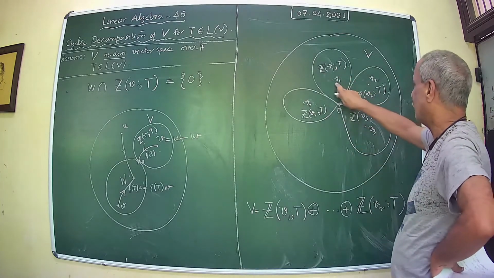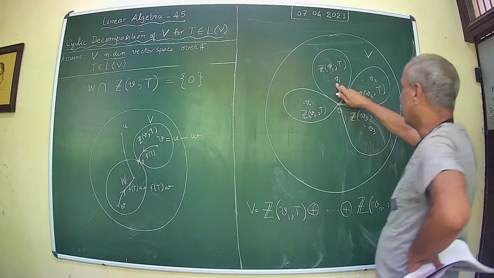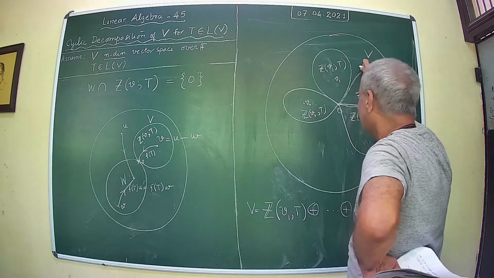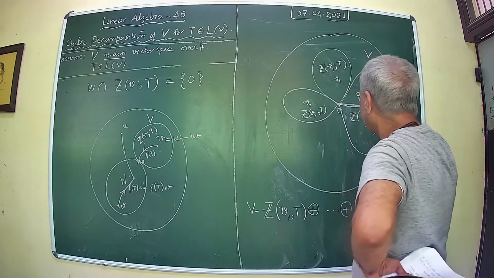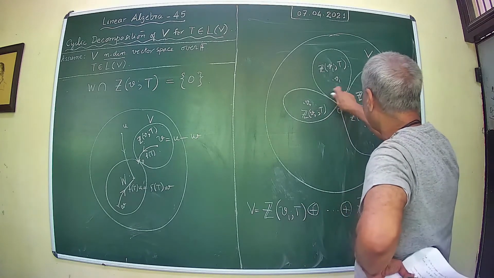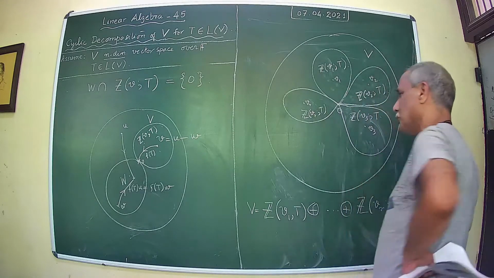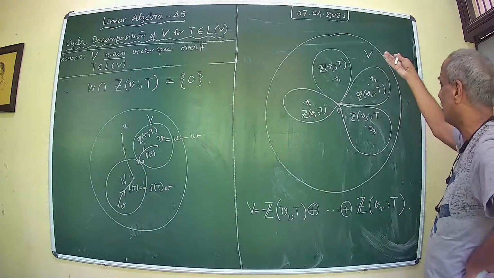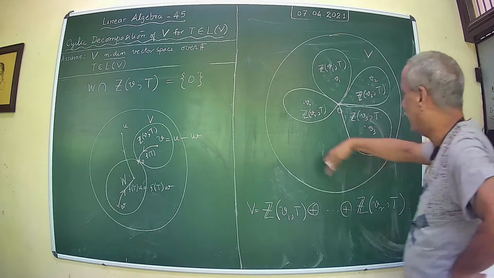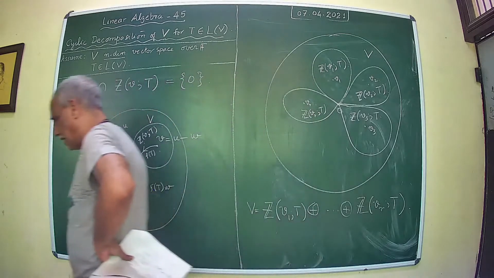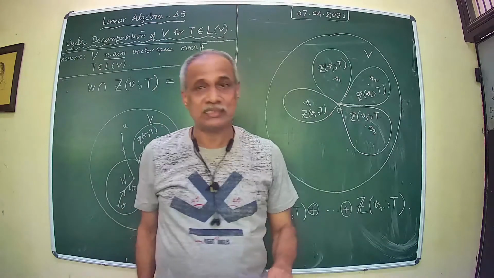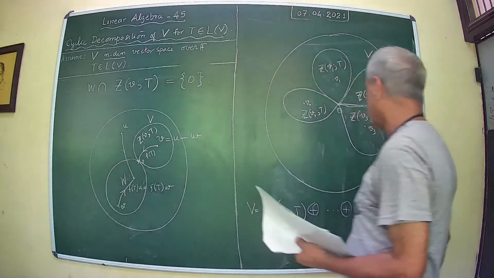Get set V1, find V1 somehow, get set V1 T. If that does not fit V, then you get a V2 outside Z V1 T, construct Z V2 T, and then look at the direct sum of these two Z V1 T and Z V2 T. If it is not equal to V, then go ahead constructing V3 and so on until you get all the V1, V2, etc. VR such that the direct sum of these cyclic spaces will be the whole of V.